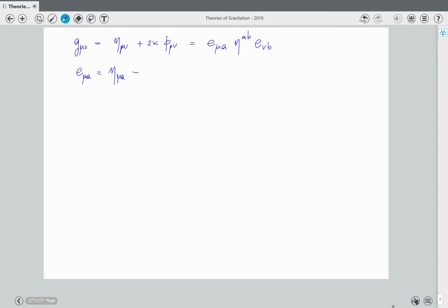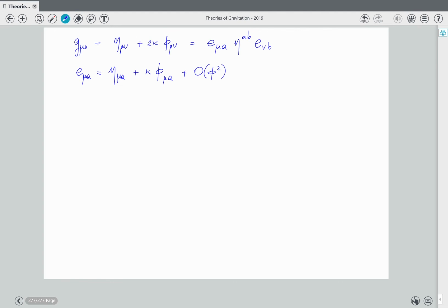And then you have plus kappa, because it's a square root, phi_mu^A. You have to solve that. That is a square root, basically. Plus, and then you will have an infinite series in expansion in powers of kappa phi.